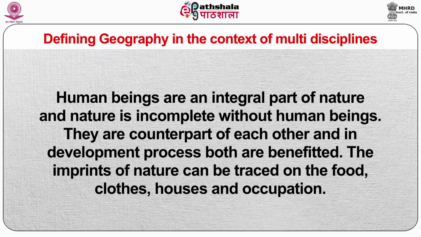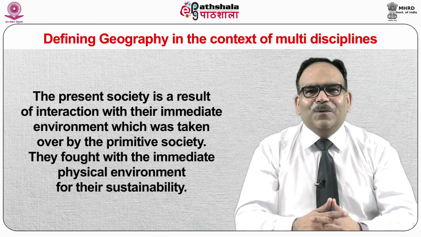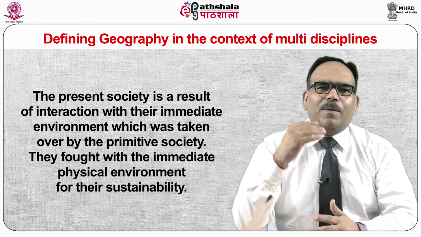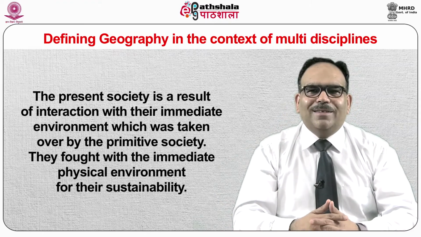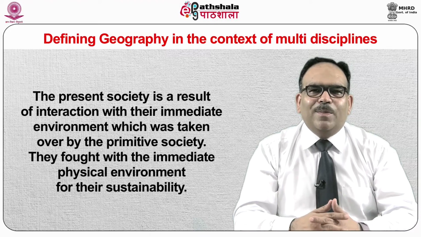The imprints of nature can be traced in food, clothes, houses and occupation. The present society is a result of interaction with their immediate environment, which was taken over from the primitive society. They fought with the immediate physical environment for their sustainability.